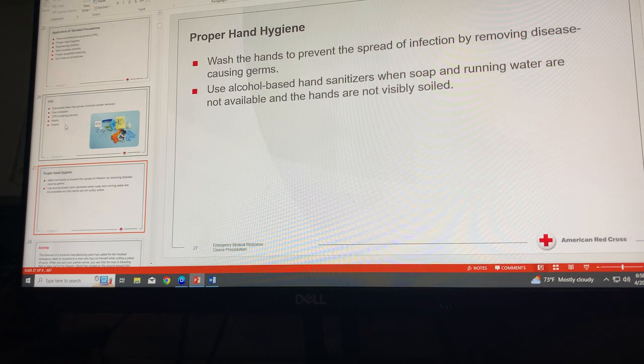Okay. So right here, again, we discuss proper hand hygiene. We'll go over some hand washing tips. To ensure you wash your hands correctly, follow these steps. Wet hands with warm water. Apply soap to hands.